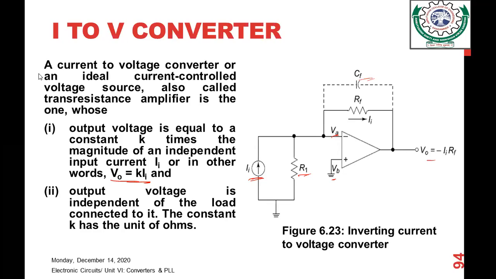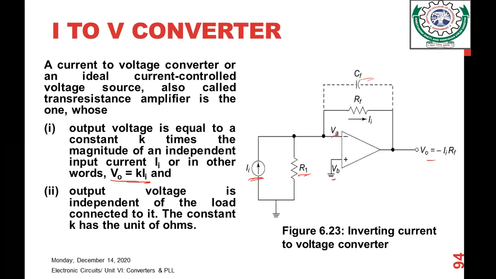So here we have taken as an example a case where light energy is incident on the photo device. What is a photo device? You can consider it a photocell or a photodiode. So this photodiode converts the received light energy into the corresponding current.